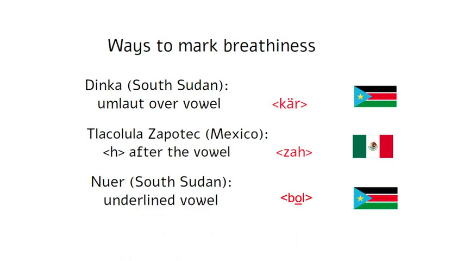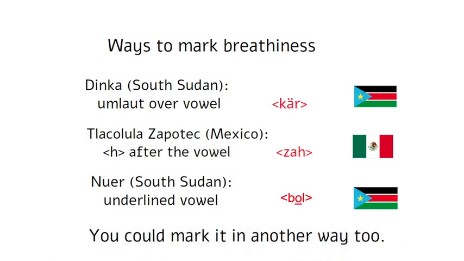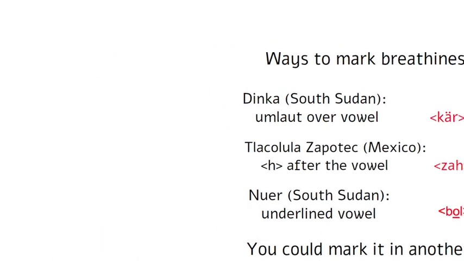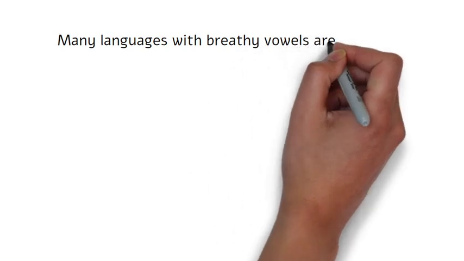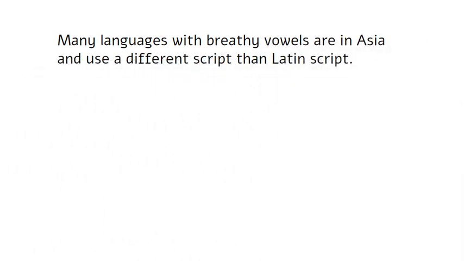Nuer of South Sudan underlines the vowel. You could mark it in another way, too. Many languages with breathy vowels are in Asia and use a different script than Latin script. These can have different choices.